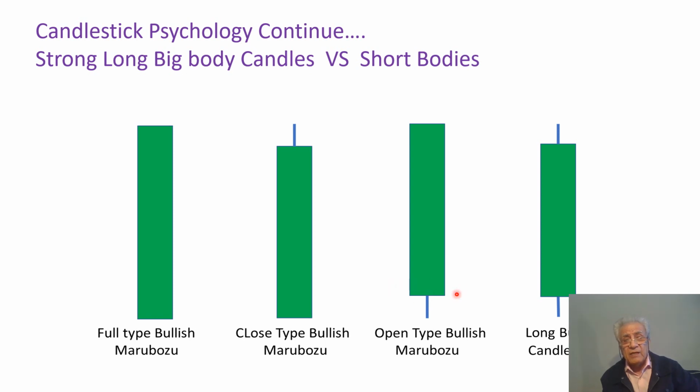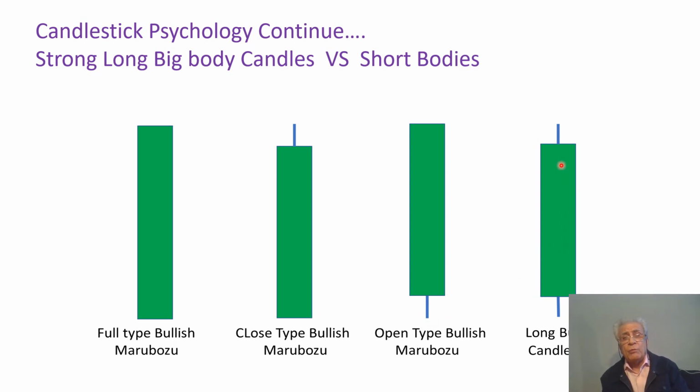It opens here, and the sellers push the price down to here, but we had strong buyers in the market push the price up past the open price and leave a retracement, a lower shadow, and it went up all the way here and closes here. So here in the opening type Marubozu, the close and high are at the same place, but at the open price we have a lower shadow.